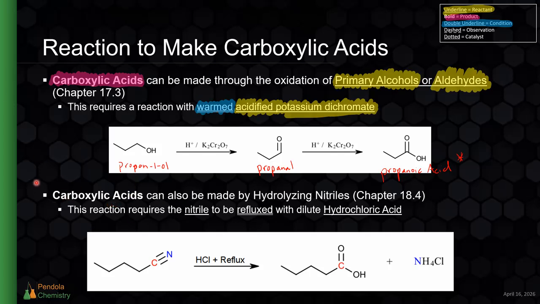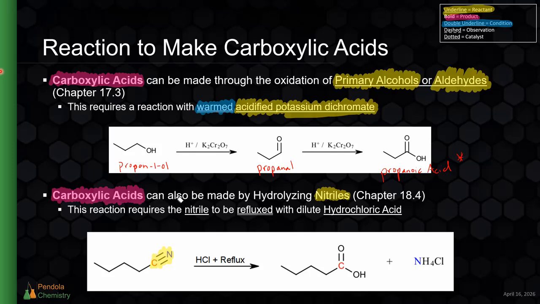The other way in which we can create carboxylic acids is a reaction of the nitrile group that we're going to see later in chapter 18. But just to go over the basics of this reaction, carboxylic acids can be created by hydrolyzing a nitrile group. So remember that nitrile groups are the C triple bond N functional group that we talked about in chapter 14.